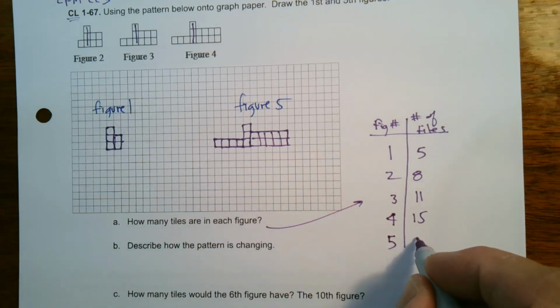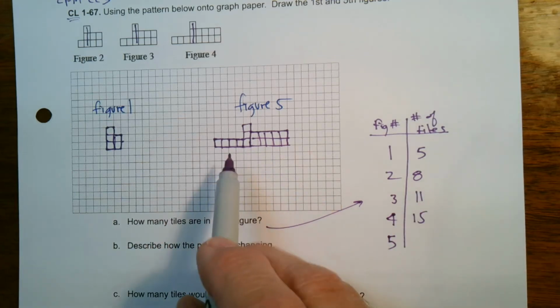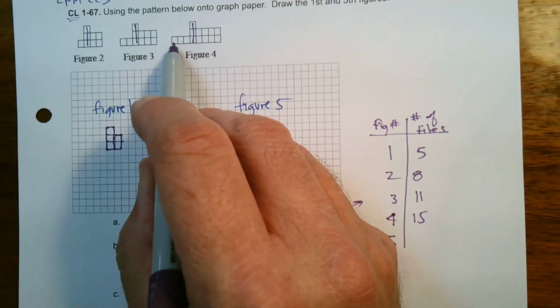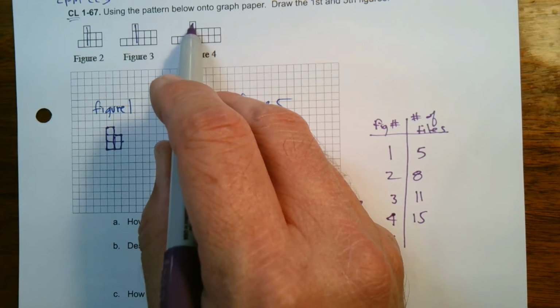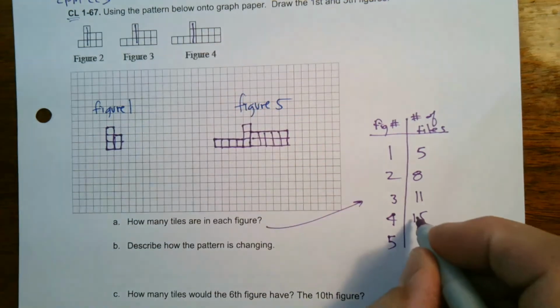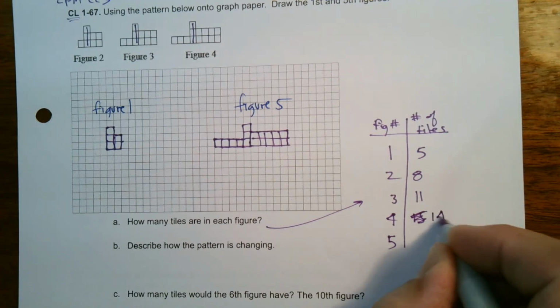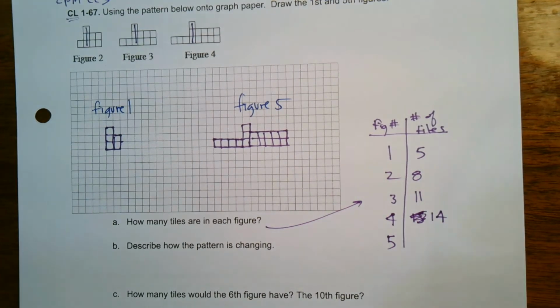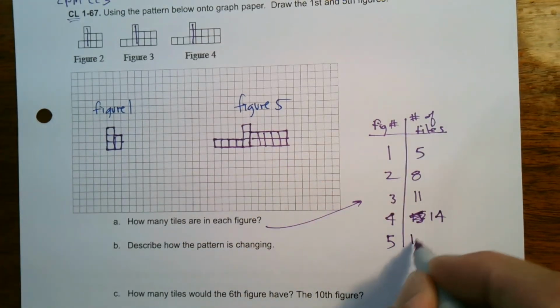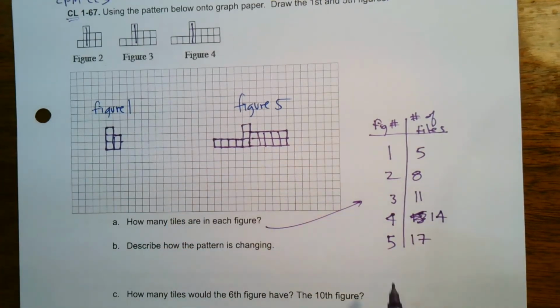Ooh, I counted wrong here with 4, didn't I? 1, 2, 3, 4, 5, 6. 1, 2, 3, 4, 5, 6, 7, 8. Oops, there's 14 there on figure 4. I just realized that. I counted wrong. So figure 5, if I count that, looks like we've got 17. Okay, counting all those tiles.